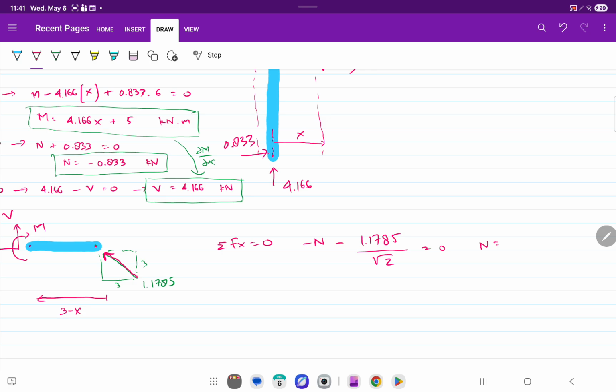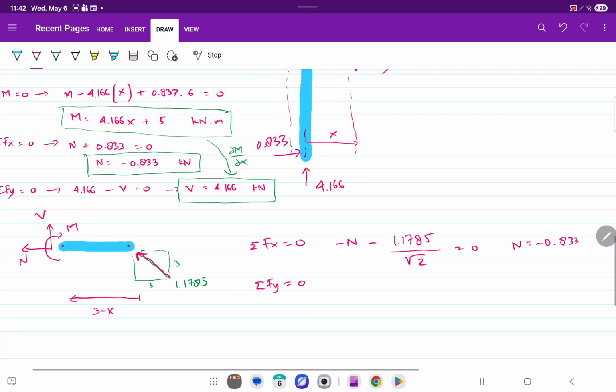1.1785 divided by square root of 2, 0.833 negative, and then you take a sigma fy equals 0, then your V plus 1.1785 square root of 2 equals 0.